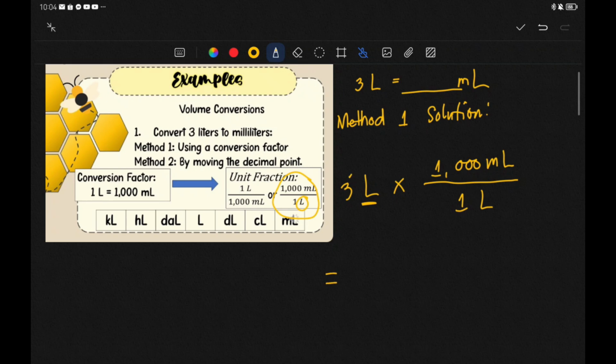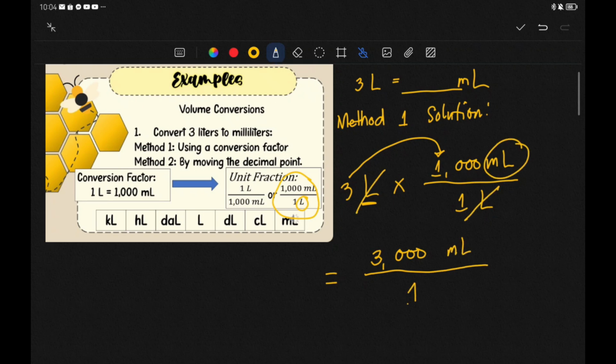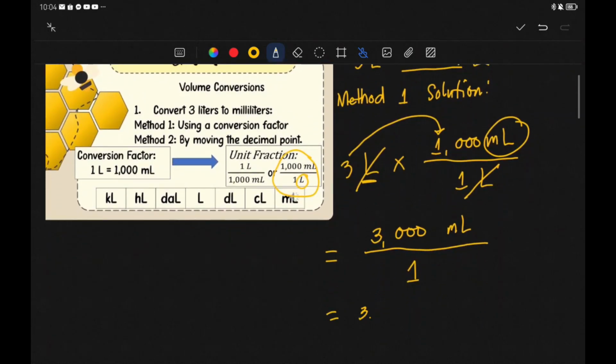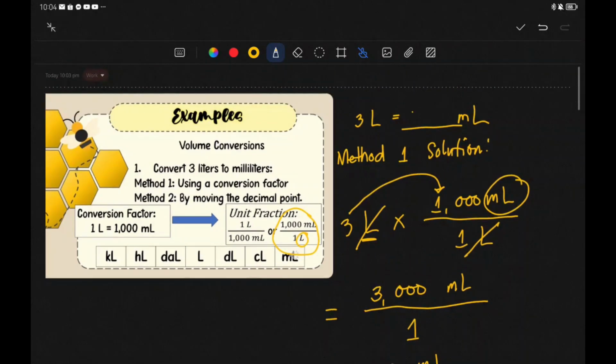So this is 3 times 1,000, that's 3,000. Liter, cancel that out. ml is what remains. Over 1. 3,000 divided by 1, the answer is 3,000 ml. So our answer here is 3,000.